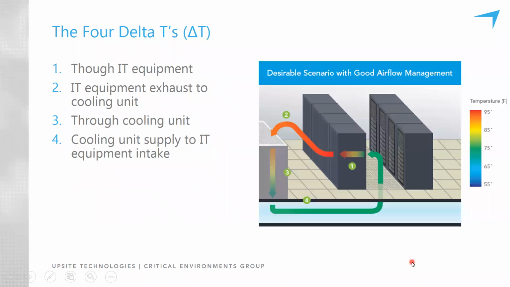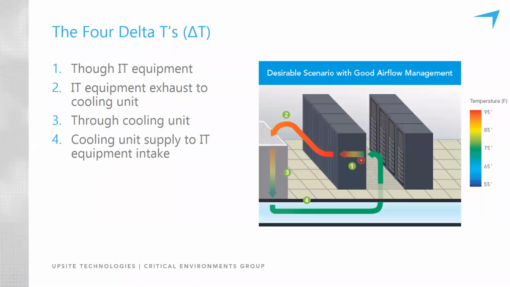Let's move on to another really important topic in optimization, and that is the 4 delta T's. When you ask somebody, what are the delta T's in a computer room, you'll quite often get one of 2 answers.